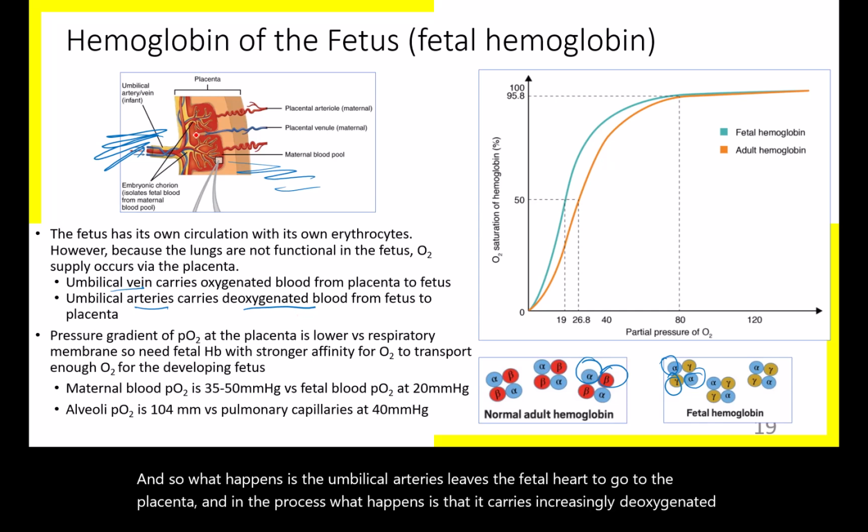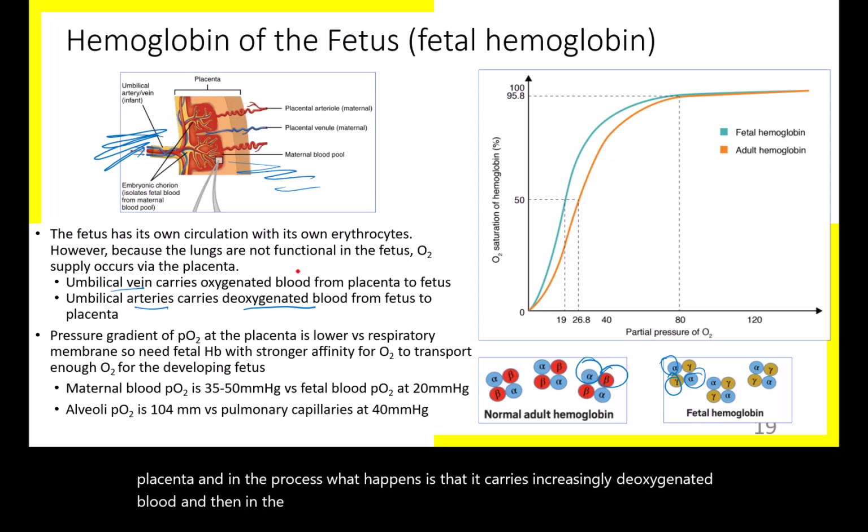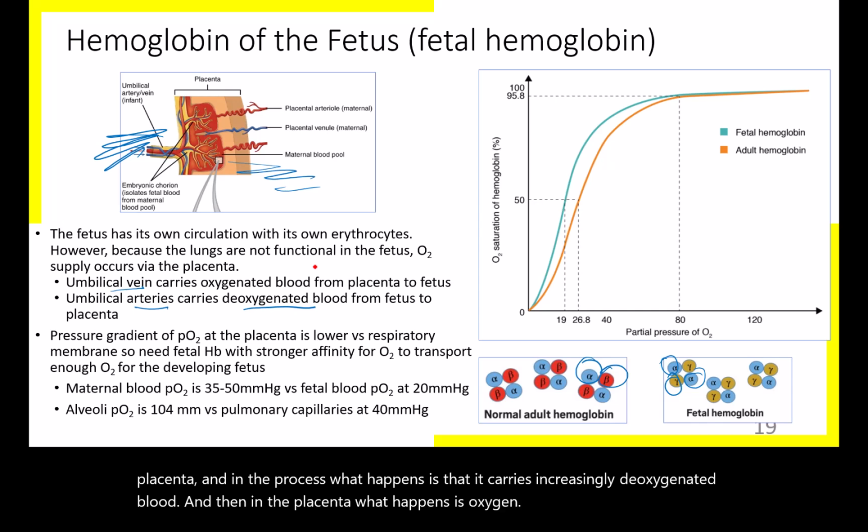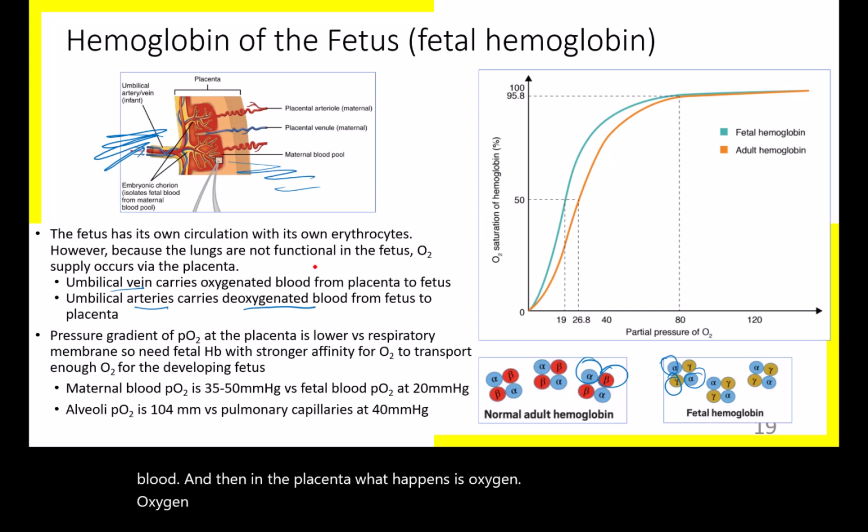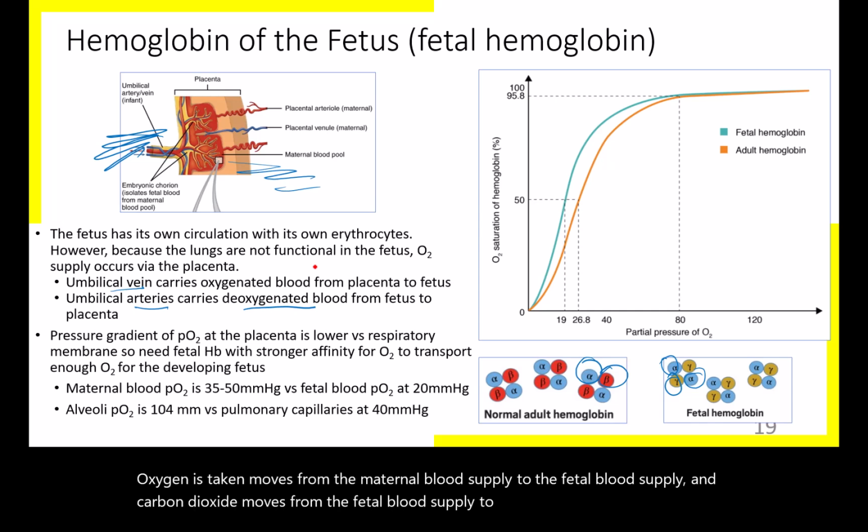And then in the placenta, oxygen moves from the maternal blood supply to the fetal blood supply, and carbon dioxide moves from the fetal blood supply to the maternal blood supply, right?